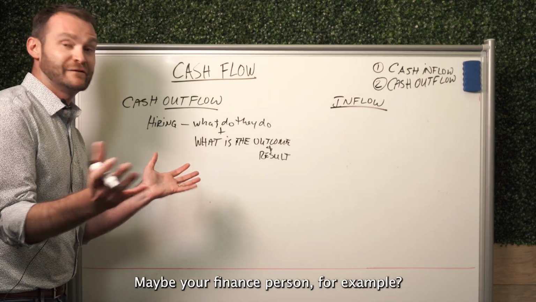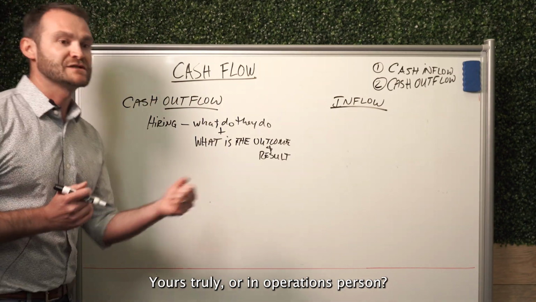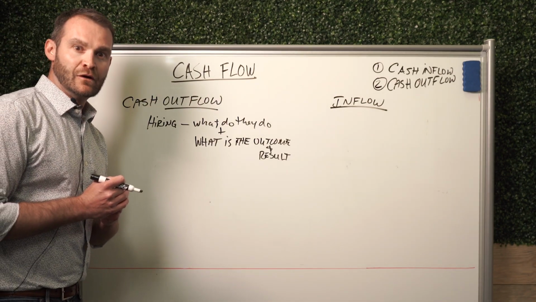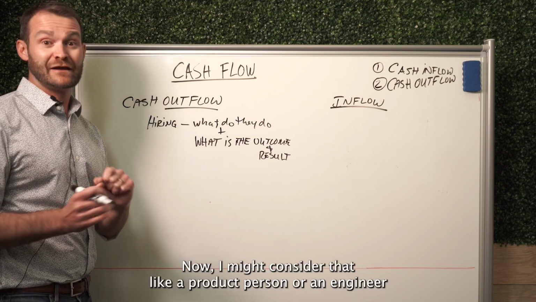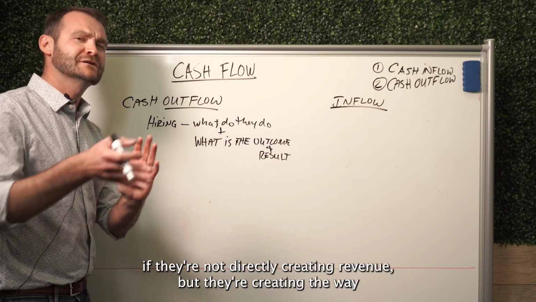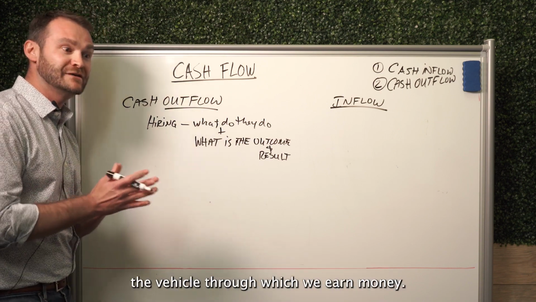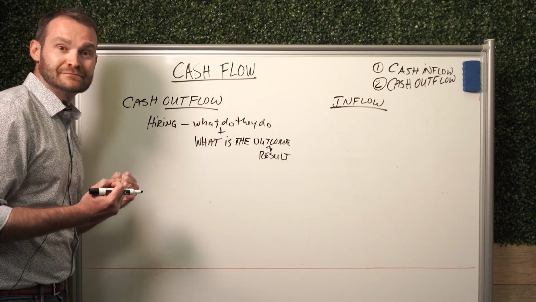Maybe your finance person, for example, yours truly, or an operations person. Or they may be a combination of revenue generating and overhead. Now I might consider that like a product person or an engineer. They're not directly creating revenue, but they're creating the vehicle through which we earn money.